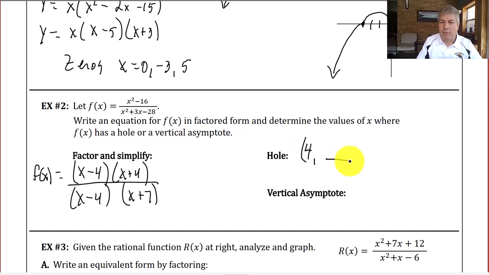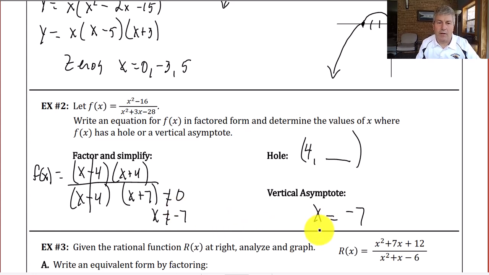and then we have to find the y value of that, so those x minus 4s are going to cancel. We've got a vertical asymptote at x equals negative 7, because x plus 7 can't equal 0, so x can't equal negative 7, so that's where our vertical asymptote is. And then we do have a 0 at x equals negative 4.